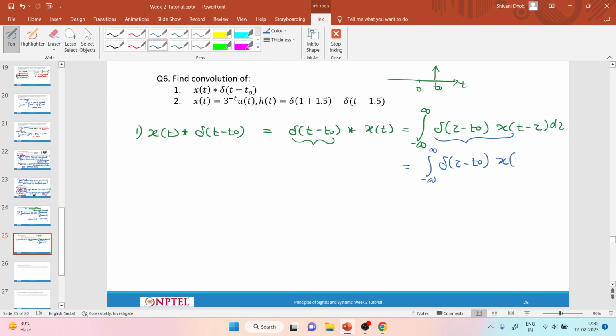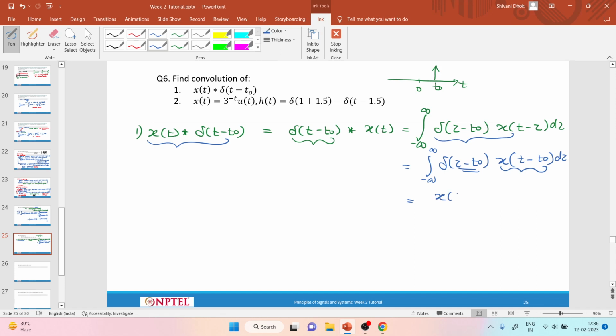So after doing this, integration of delta of tau minus t naught into x of t minus tau, the convolution is with respect to variable t. So here, by the shifting property, this tau will take the value of t naught where this impulse is located, d tau. Now this is constant, we can take it outside, and integration of any impulse from minus infinity to infinity is equal to 1.